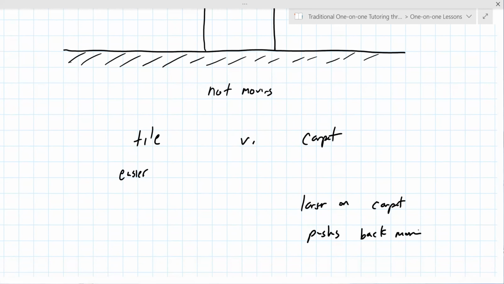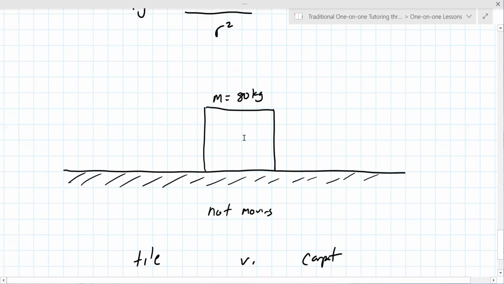There's carpet with a lot of resistance, and then a thin carpet that's basically like the floor. But in general, when you try to push a box, it doesn't always move. It depends on how hard you push it. Do you agree with that?